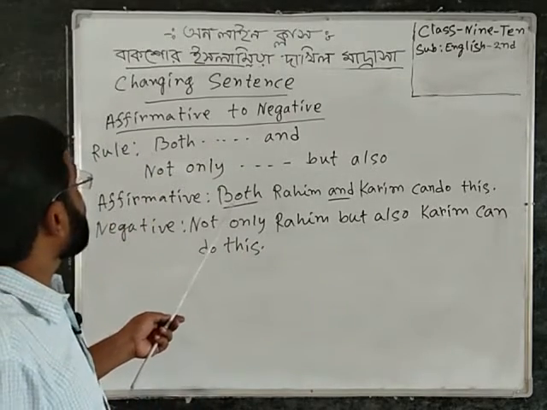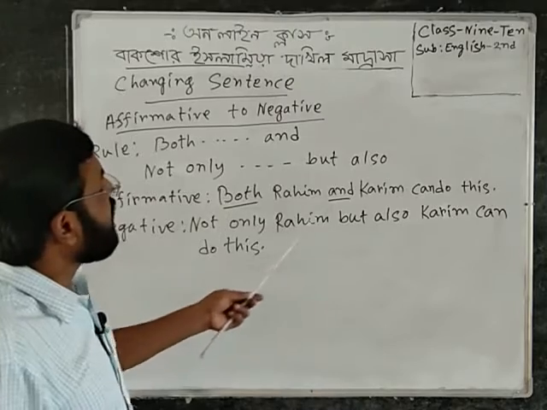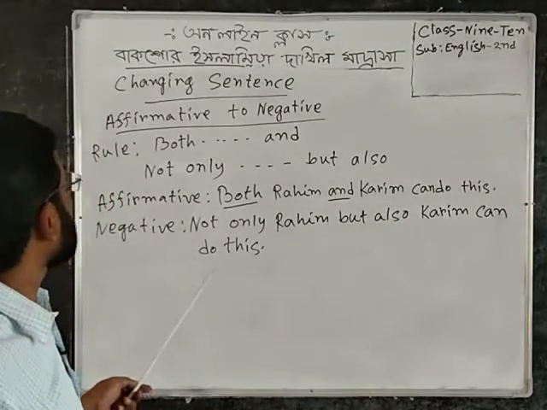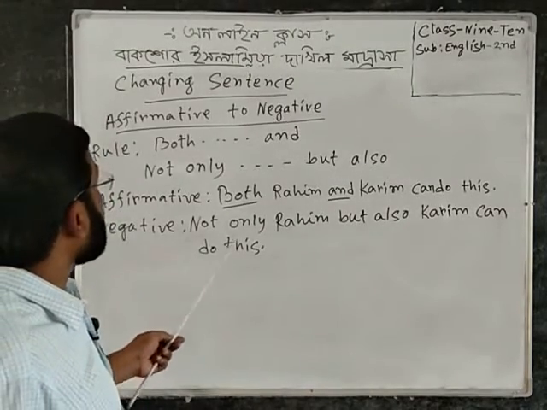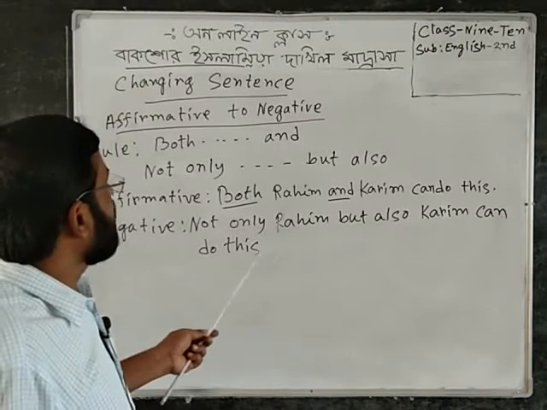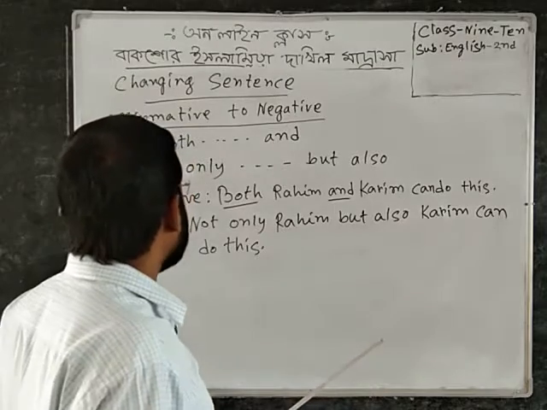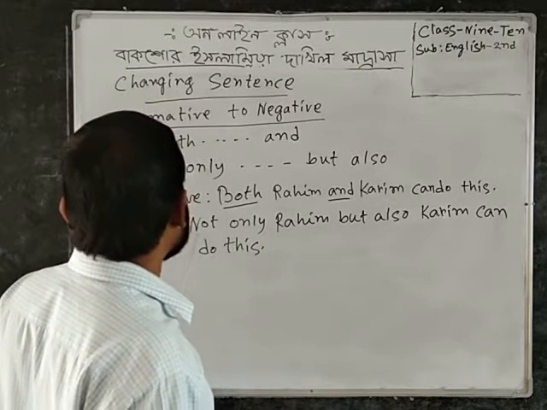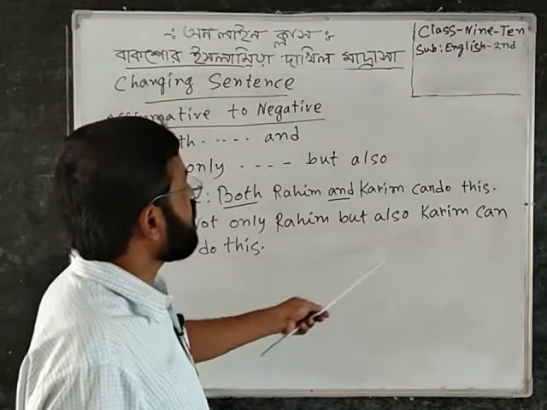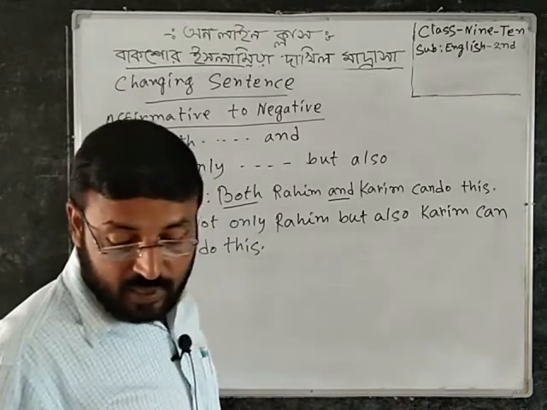In an affirmative sentence we can see both and, and in negative we use not only dash but also, and we change it into negative. Not only Rahim but also Karim can do this.